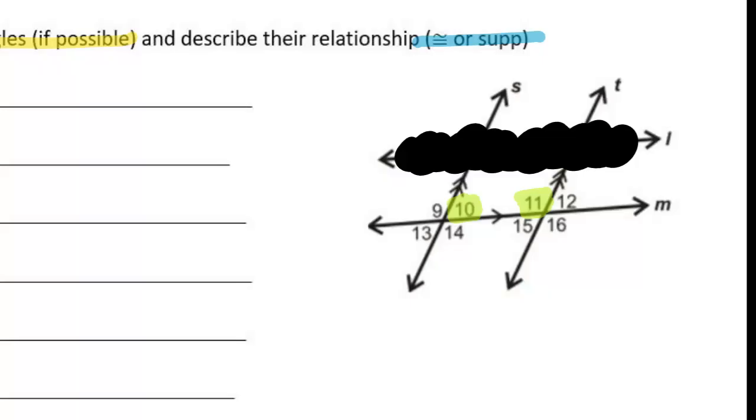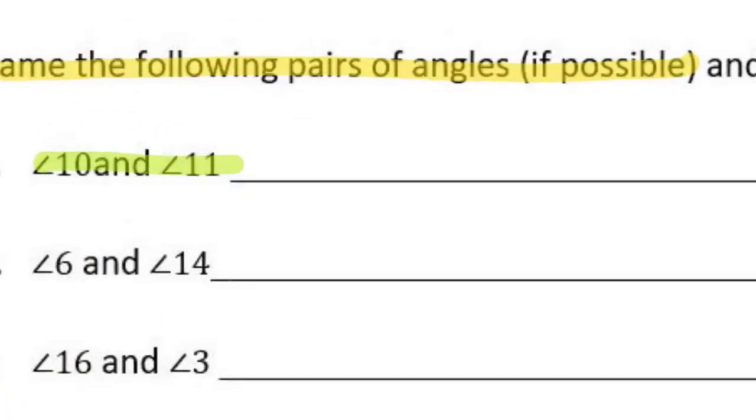All right, so I have angles 10 and 11. They both touch line M. My two lines are S and T. M is my transversal. They're interior. Same side or opposite side of M? Same side of M. What do we call them then?